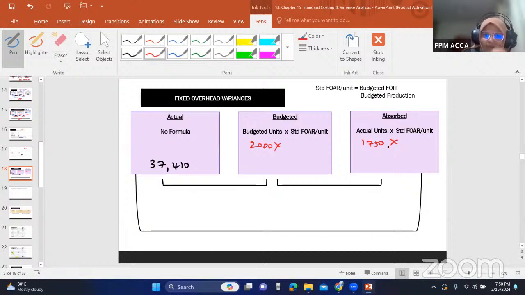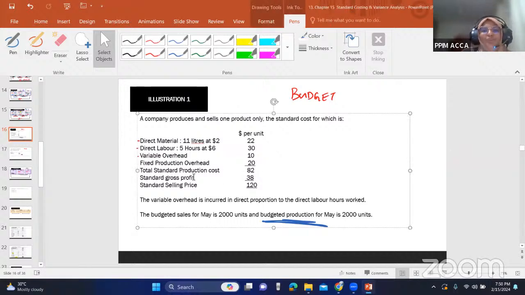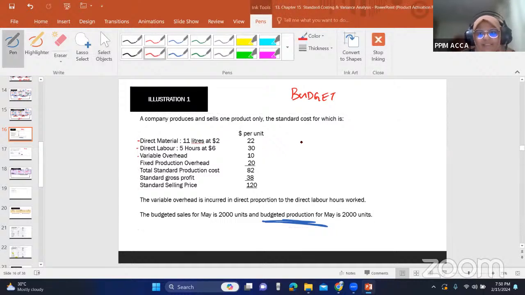Budgeted units, actual units. Now we need to get the standard FOAR per unit. So to get this, you have to look at the standards. Let's look at the fixed production overhead. They're telling you it is 20 per unit. Okay. There was an equation, right? I told you standard FOAR per unit equals the total production overhead divided by the budgeted production.